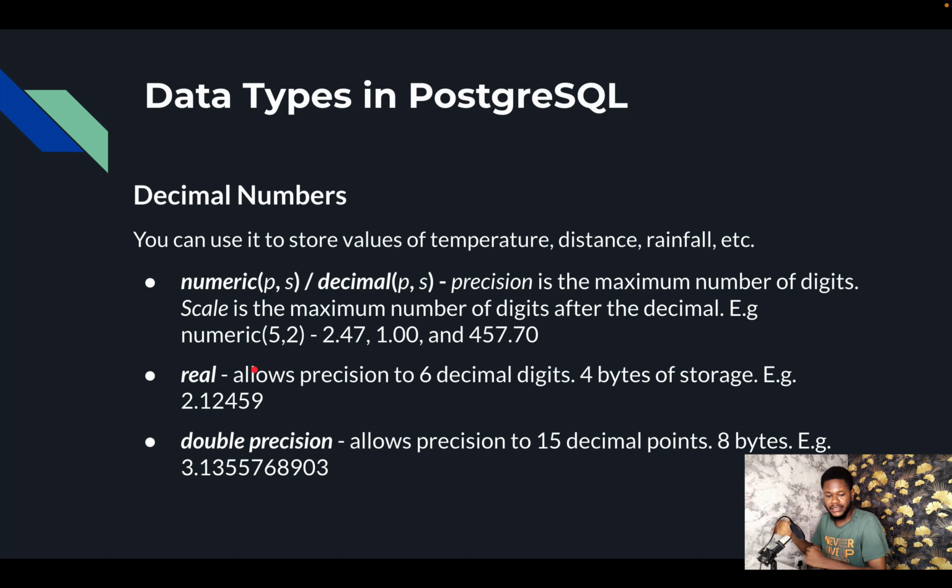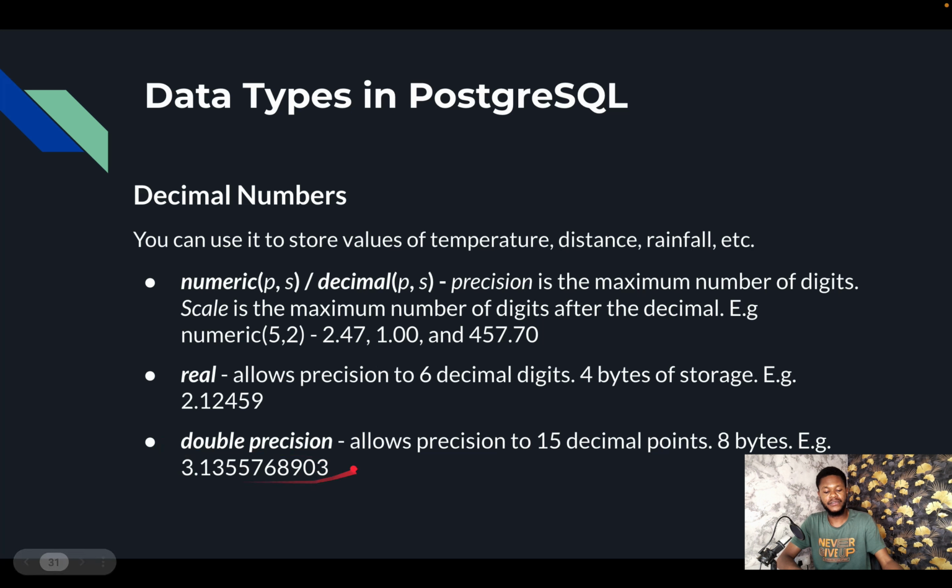We have other data types you can use to represent decimal numbers. We have real. Real, it's like keeping it real. This allows precision of about 6 decimal digits. So if you want to have 6 decimal digits in total, you can use real. Then you have double precision, which allows you to store up to 15 decimal digits.